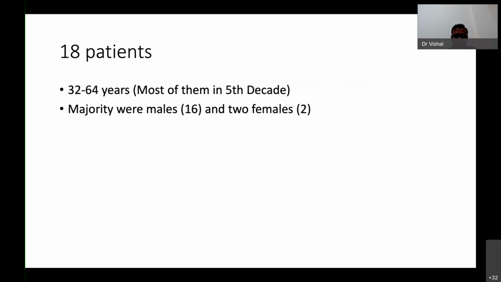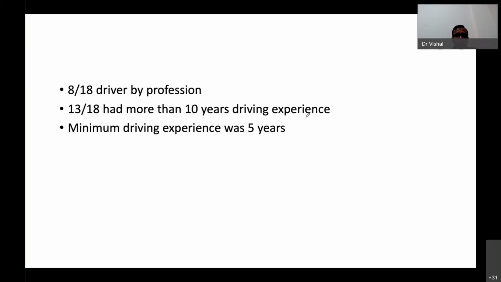So now coming to the summary of my findings, in our registry we have 32. The age group is 32 to 64 years. Most of them were in the fifth decade, and the majority were males, like 16 males and 2 females. 8 out of 18 patients were drivers by profession, and 13 out of 18 had more than 10 years of driving experience.